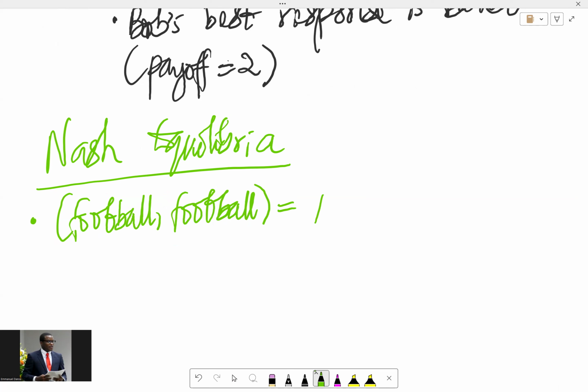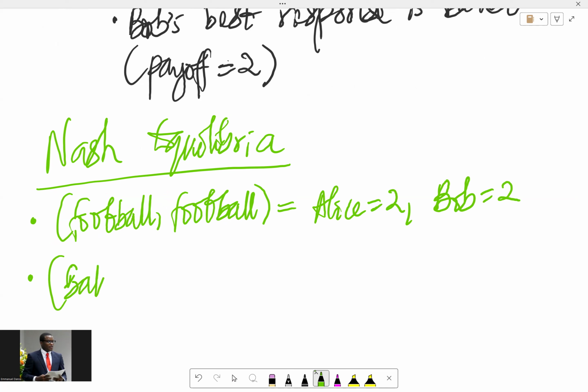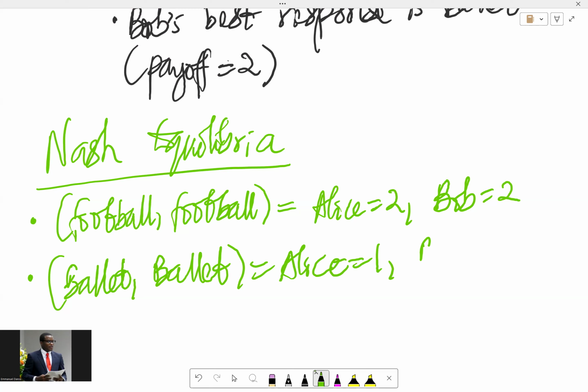And in that case, Alice gets two and Bob also gets two. On the other hand, they can choose ballet, where Alice gets, oh sorry, this should be Bob gets one here because Alice is sacrificing for him by watching football.